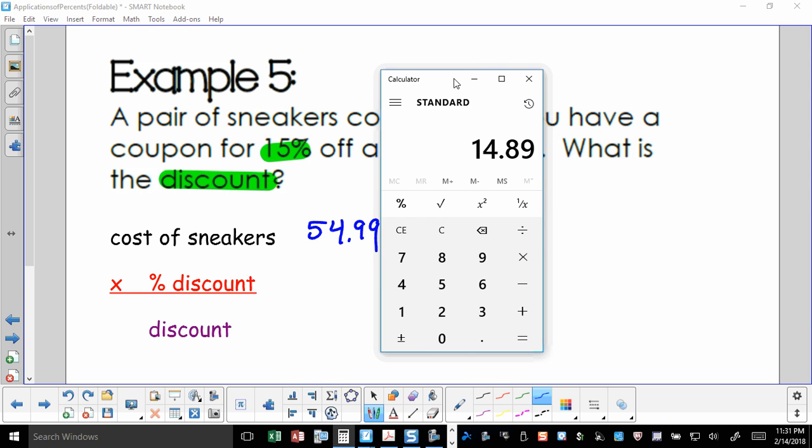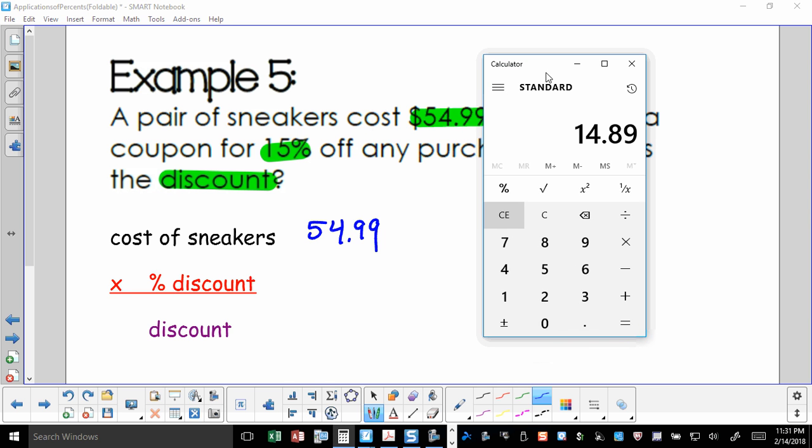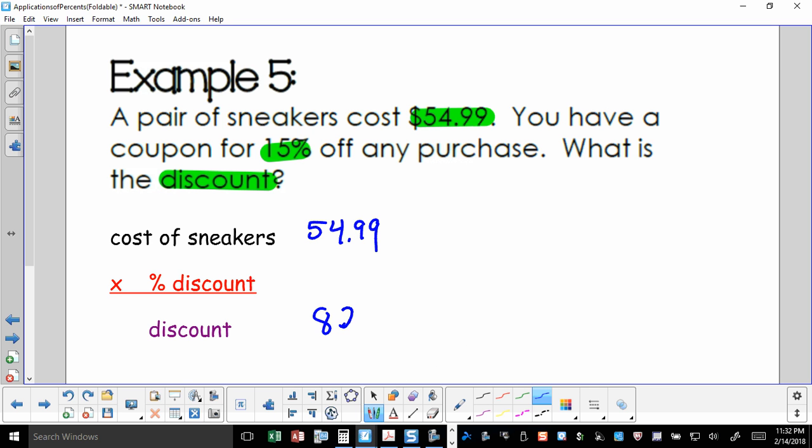The discount is 15%, so 0.15. So $54.99 times 0.15 is $8.25. And that was a discount of $8.25.